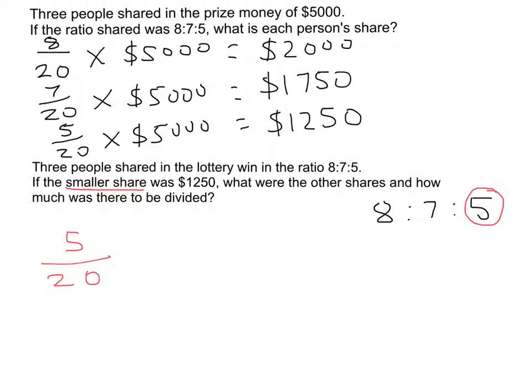Now, we need to simplify this because we don't want to work with a fraction that's not simplified. So let's simplify this, and if we do, we know that the highest common factor is 5, so this should simplify to 1/4. Now, why is this important to simplify?